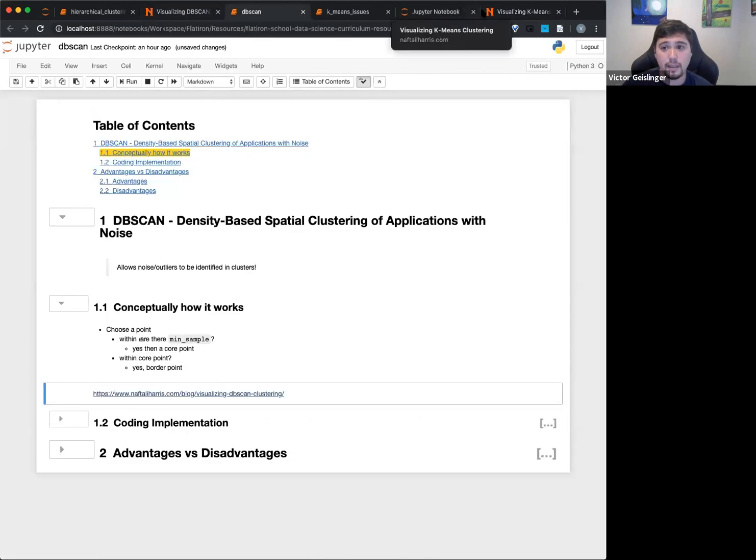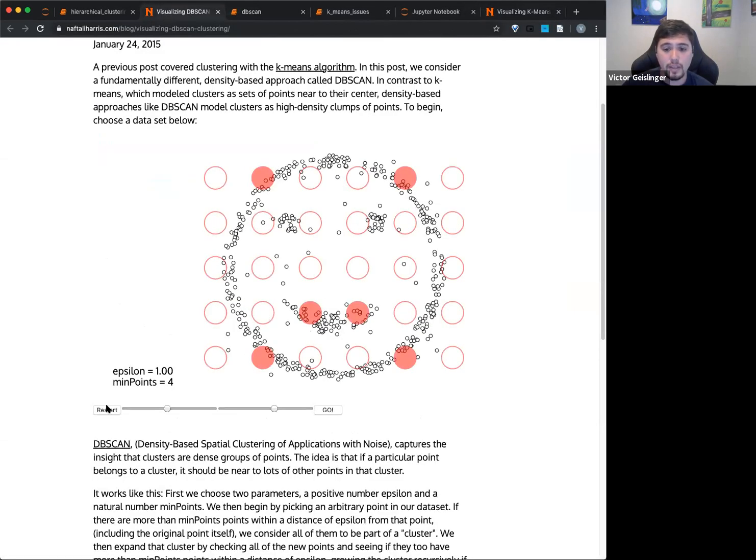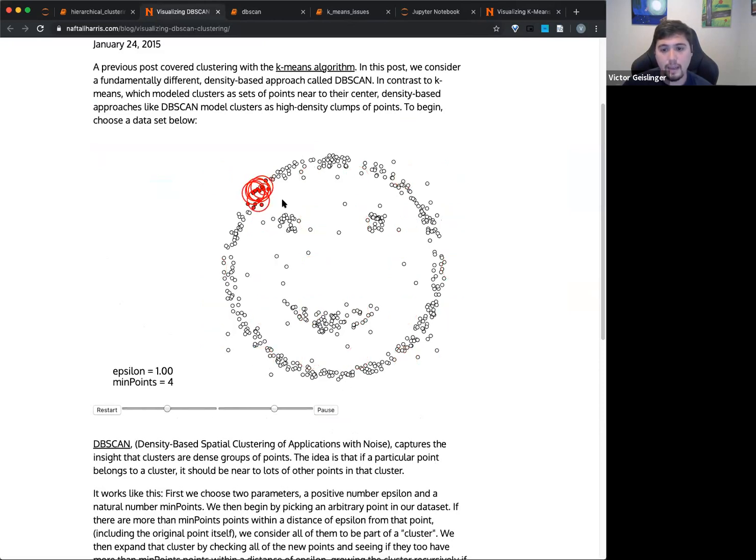When we do DBSCAN right here, and this is just visualizing the epsilon, it'll start identifying those points, and at the end it'll say some of these points right here should not be associated with any cluster.